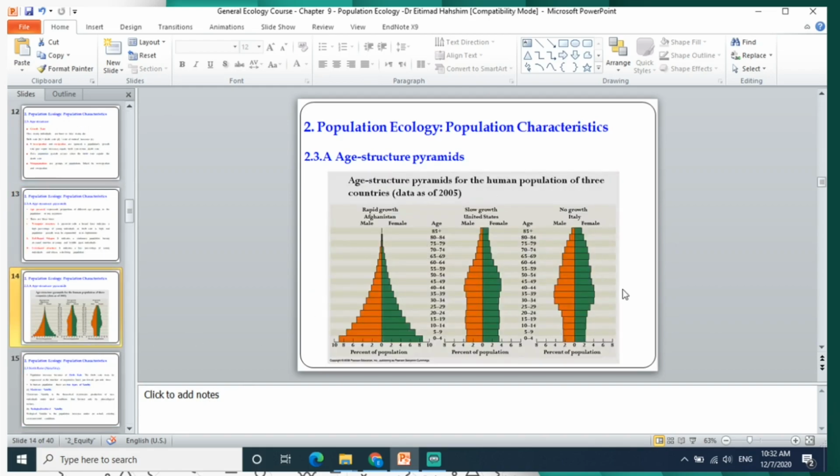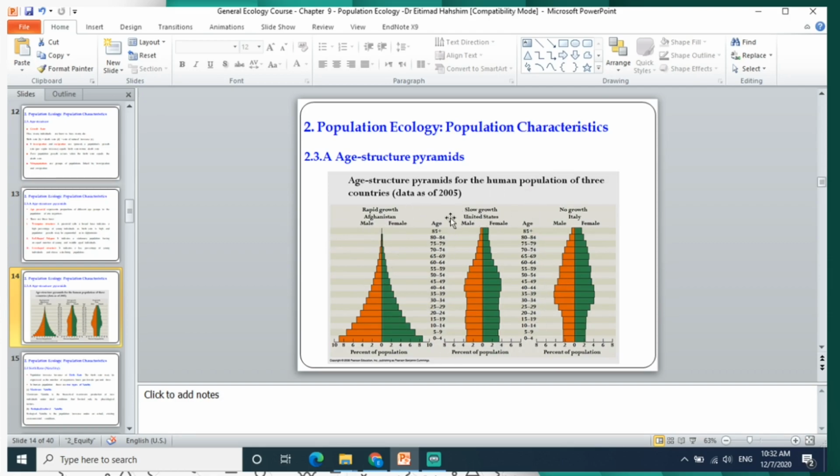Here is an age structure pyramid for the human populations of three countries, dated 2005. When there is rapid growth, we get a triangle shape, and the young are more numerous. This means rapid growth, like in Afghanistan, as we said before.